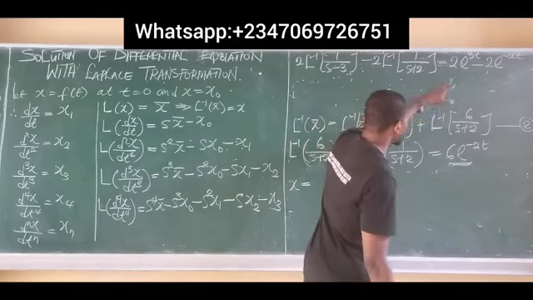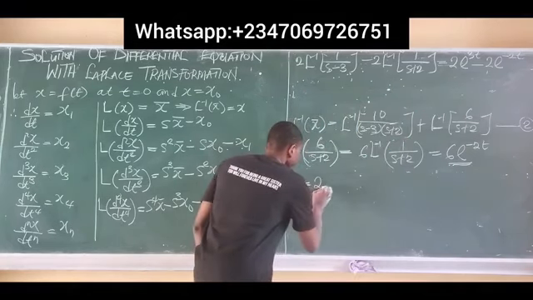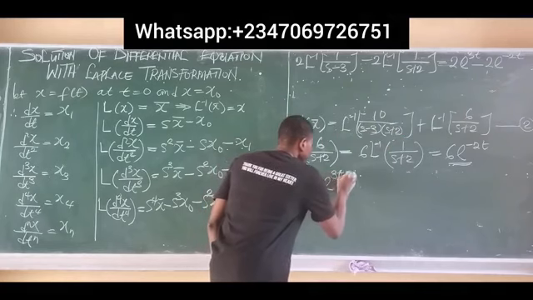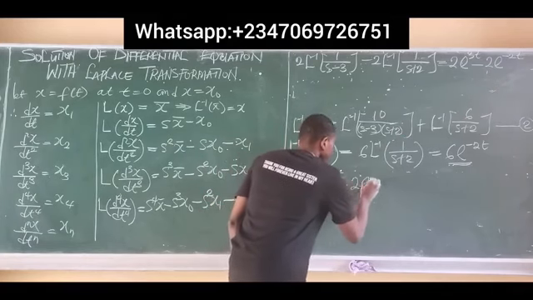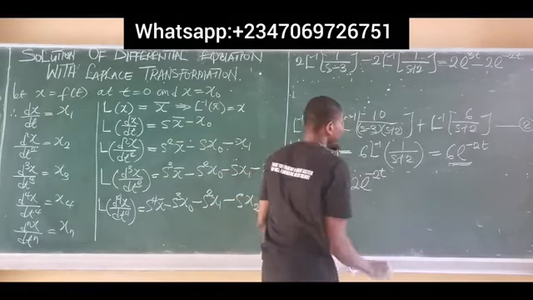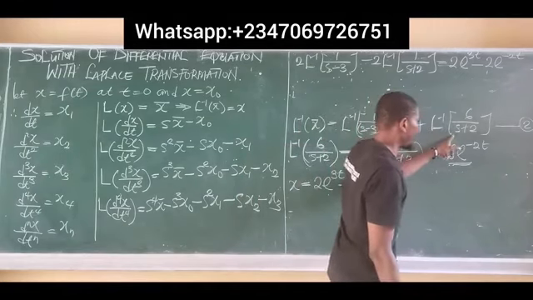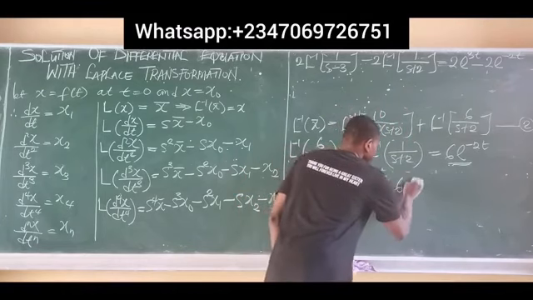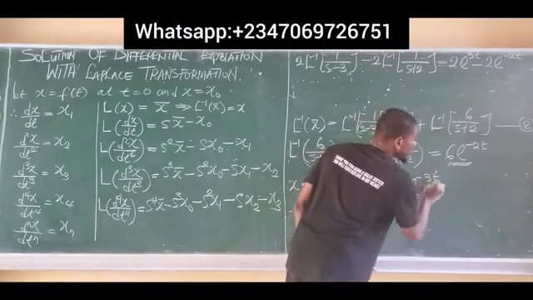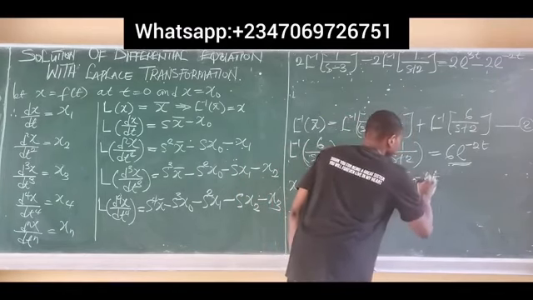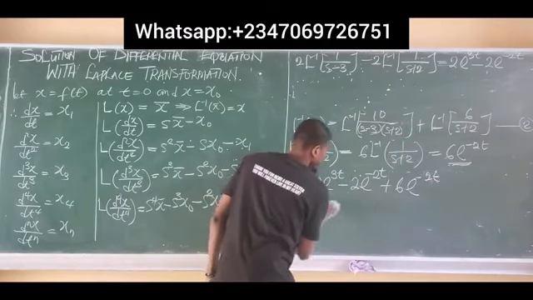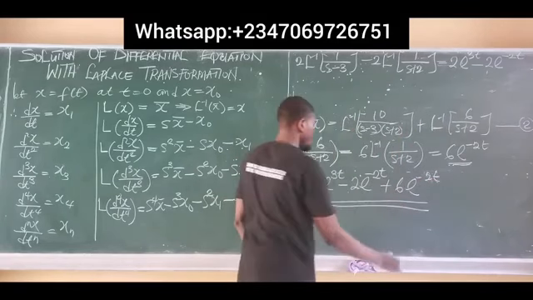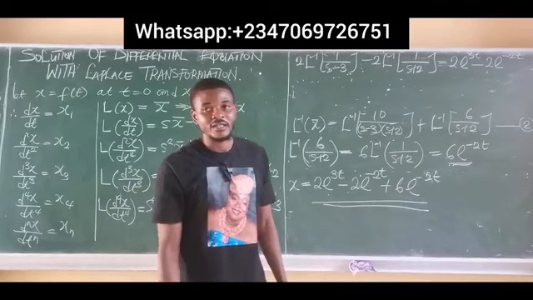We have found it to be 2 exponential 3t minus 2 exponential minus 2t, then plus the Laplace inverse of 6 all over s plus 2, which we obtained here as 6. So plus 6 exponential minus 2t. Okay, so this becomes the solution to that differential equation.